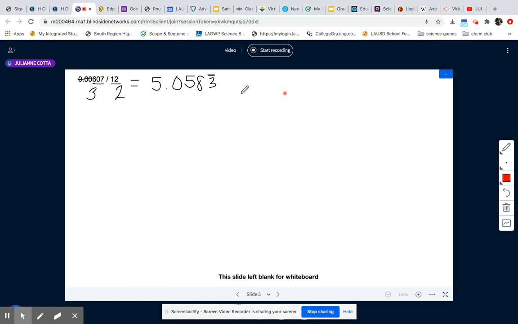Or I could write out 3's forever and make this video 20 million hours long. This is what I mean, we have to cut this off at a certain point because how precise our measurements are doesn't allow us to go that many decimal places. So this tells us that our significant digits can only be 2.